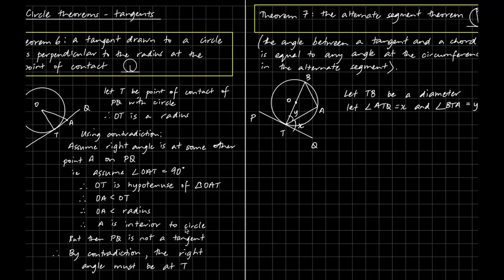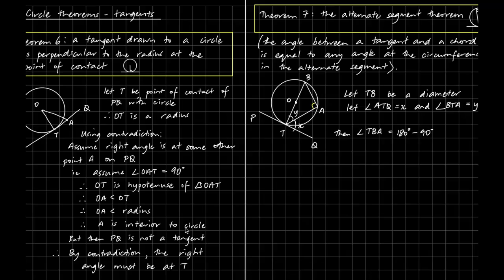Alright, so then we've got the angle TBA, which is the angle that we're interested in over in the alternate segment. So angle TBA is going to be 180 minus 90 first of all, because this is an angle in a semicircle, therefore this one here has to be a 90 degree angle.